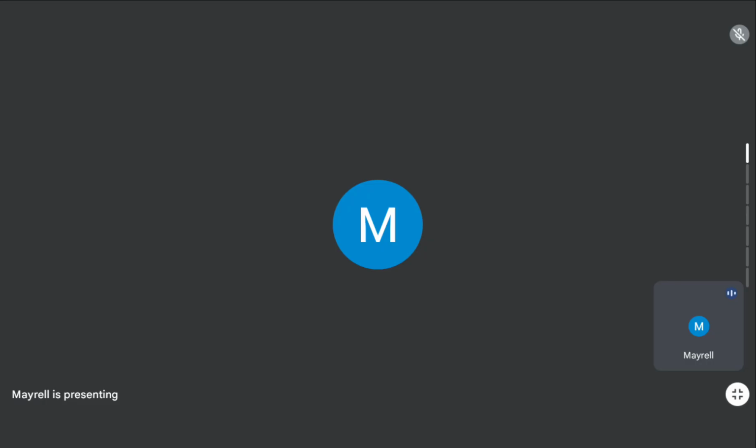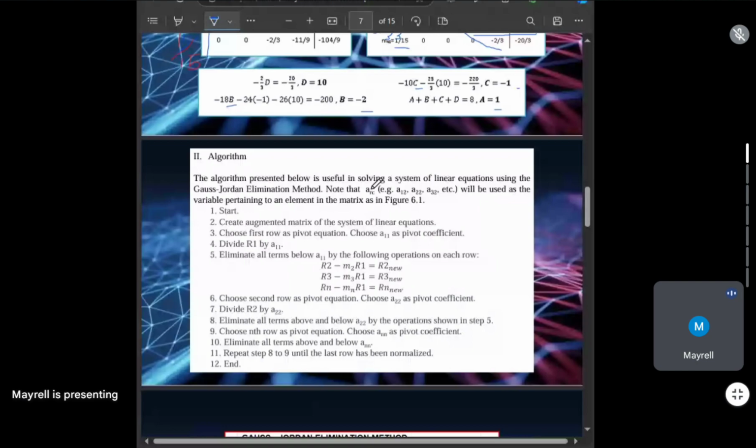Note that A RC, row, then column. So that's the example. You have A1,2, A2,2, A3,2, etc. Will be used as the variable pertaining to an element in the matrix as in figure 6.1. So kasabot naman na element in row 1, column 2.